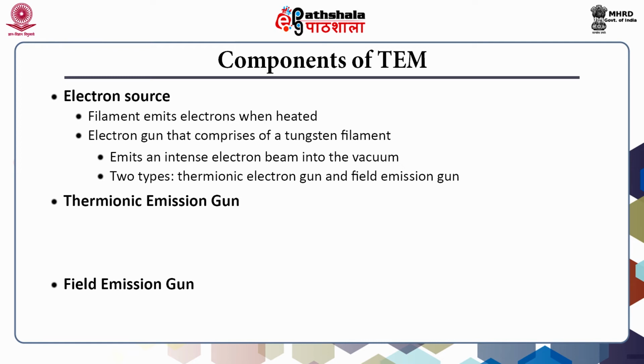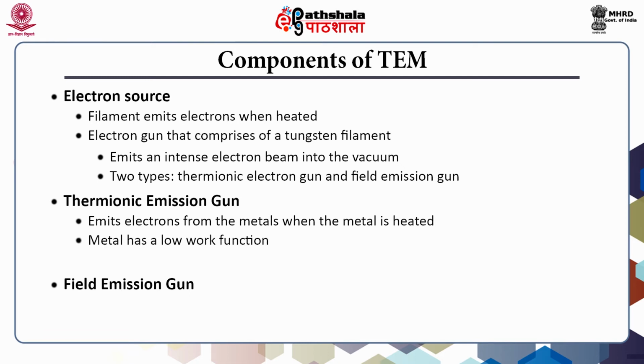Thermionic emission emits electrons from metals when the metal is heated. The filament of the thermionic electron gun is made from a material with a low work function, which means that the electrons have low threshold energy and can be emitted easily and also in large numbers.